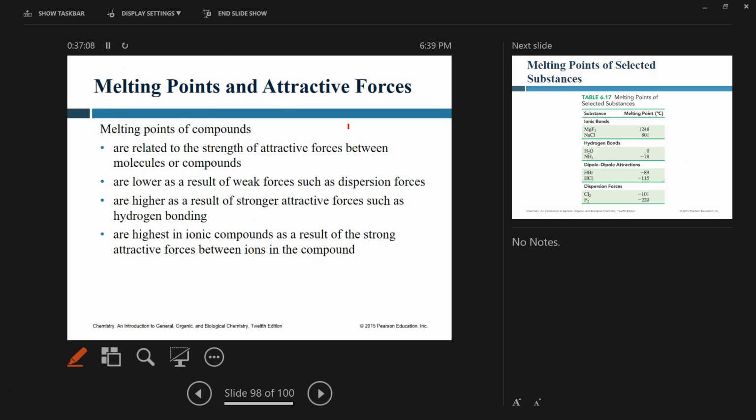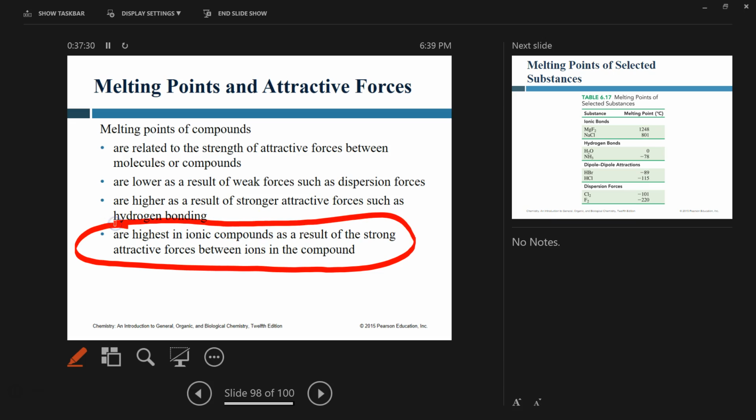Now, generally speaking, these forces, dispersion forces, hydrogen bonds, or ionic interactions, are responsible for the certain melting points of the substances. In general, ionic compounds have the highest melting points because interactions between individual ions are extremely strong.